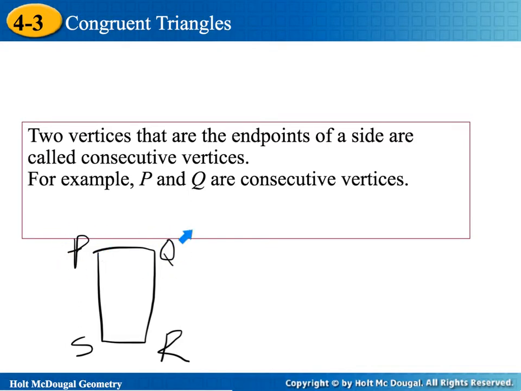So P and Q are consecutive vertices, P and S are consecutive. I can get from one to the other by following one line. I cannot get from S to Q without going to R or P. So S and Q are not consecutive, P and R are not consecutive. So I don't think this is going to be too much of a problem for us. P is consecutive to S, S to R. It's just connect the dots here.